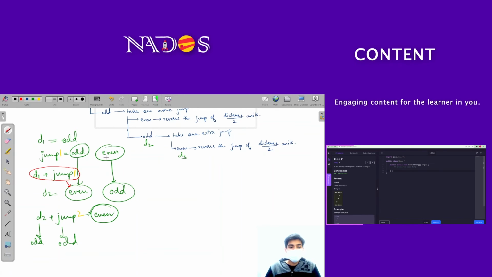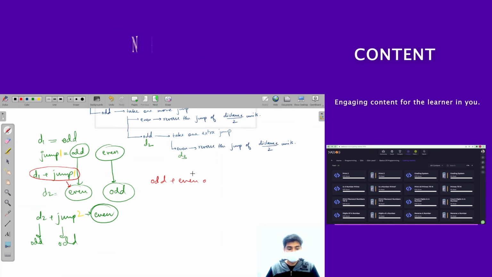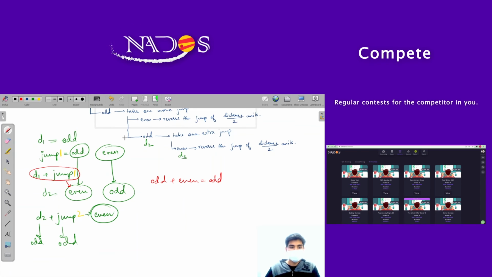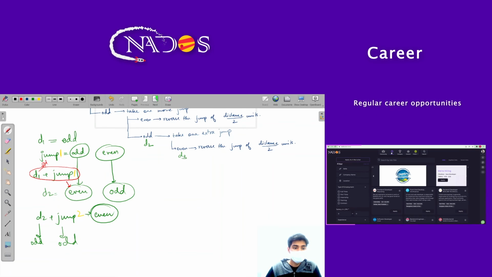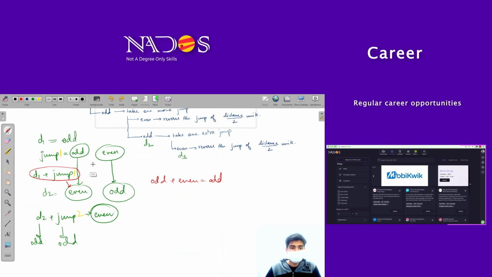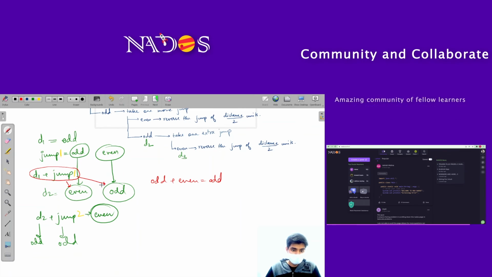But if it is even, then odd plus even gives me odd. So if d1 is odd and jump 1 is even, I'll get odd as an answer.